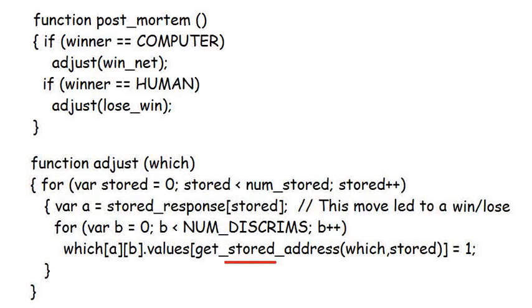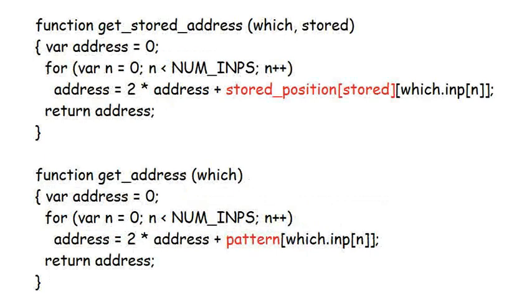Notice the subtle change in that function from before? That's right. Instead of using function getAddress, which we used for reading the values from the discriminator, you use a variation on that function, getStoredAddress. Function getStoredAddress is essentially exactly the same as function getAddress, except it doesn't read the state of the game grid from array pattern.